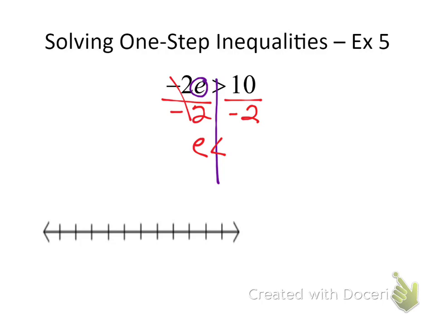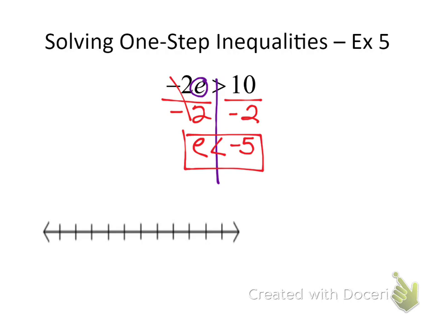Okay? And then what's 10 divided by -2? -5. So because the number touching the variable is multiplying or dividing by a negative, I flip that inequality sign. I graph it the exact same way.